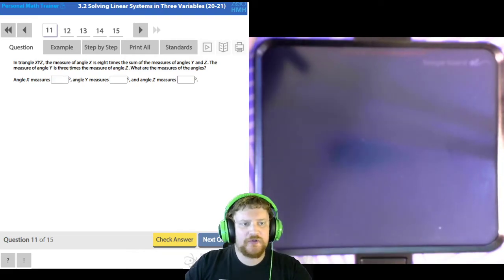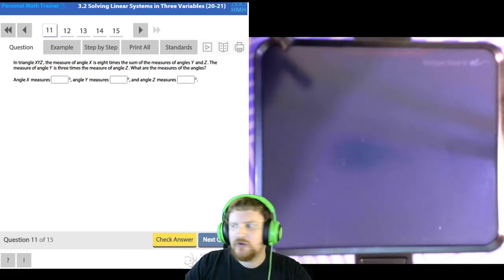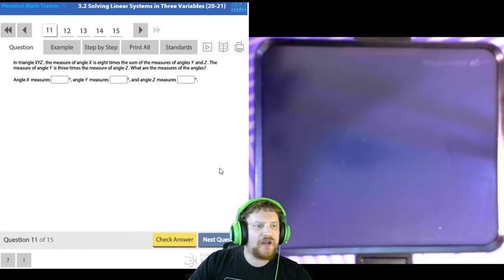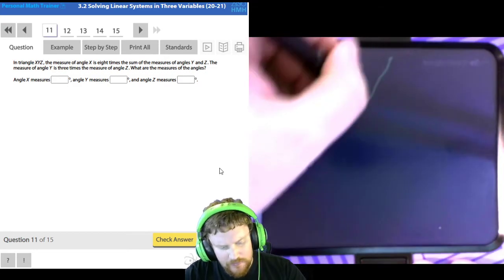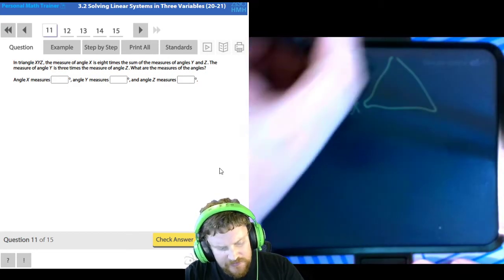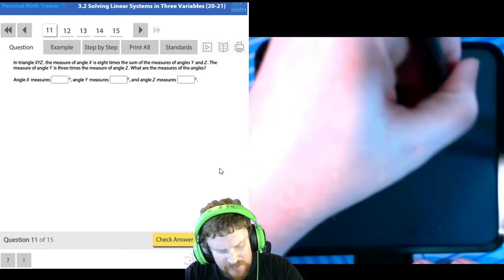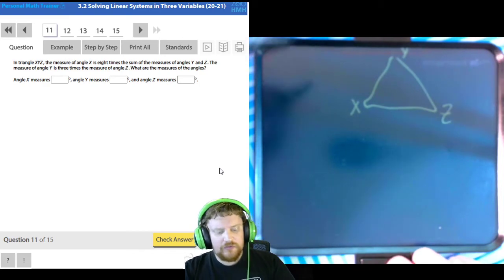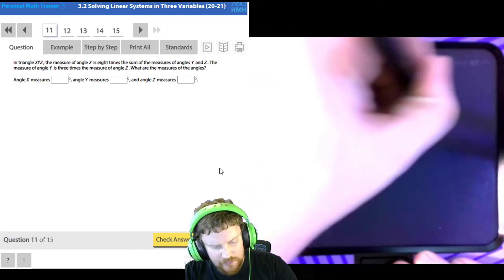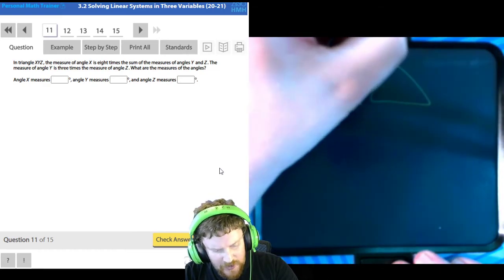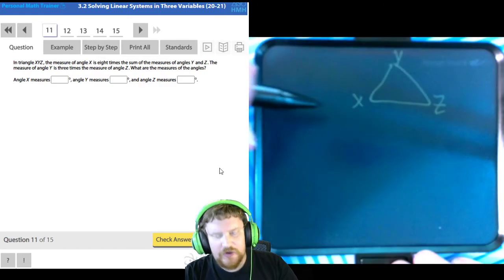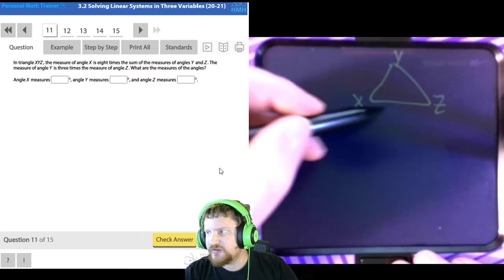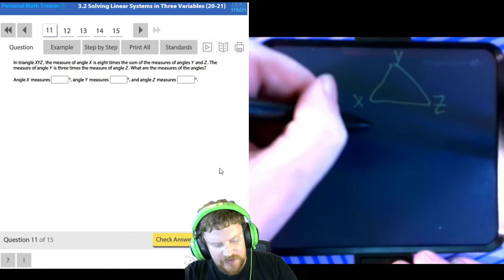We have the triangle of x, y, z. Okay, so we know that a triangle's three angles equal 180 degrees.